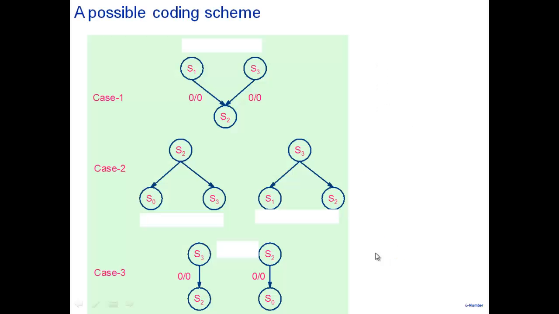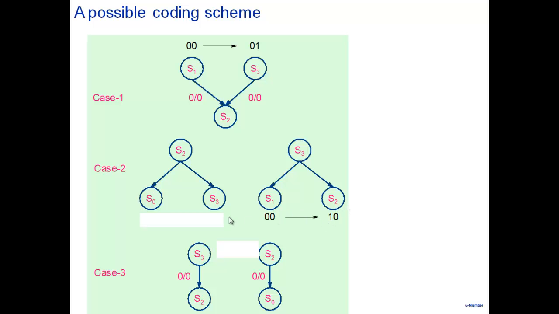So let's assign the bit patterns now. We've identified these different cases. This is the highest priority, so the first thing we do is assign S1 and S3 codes which are as near as possible. We can do that with 0, 0 and 0, 1. Well, fine. So we have S1 which is 0, 1. The next thing is we look at these, and S1 is 0, 0, so we assign S2 which is as close as possible, 1, 0.